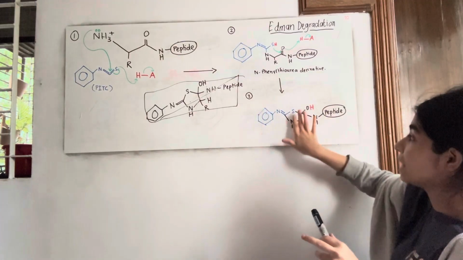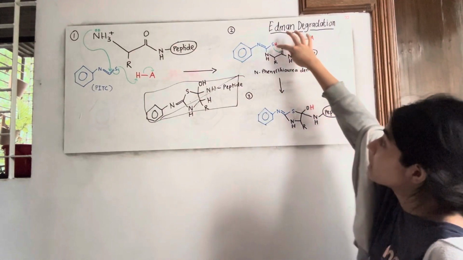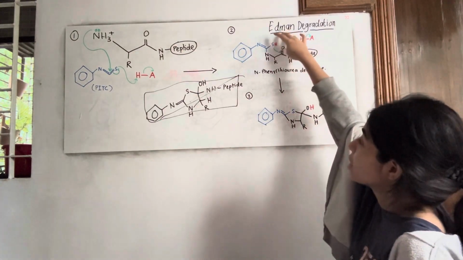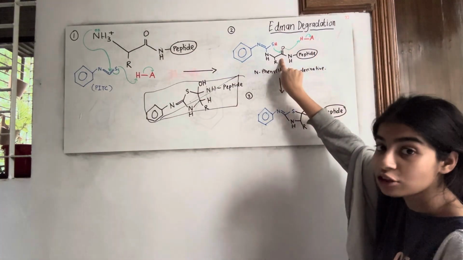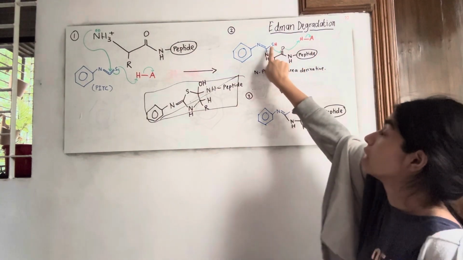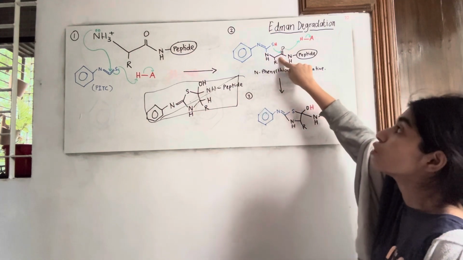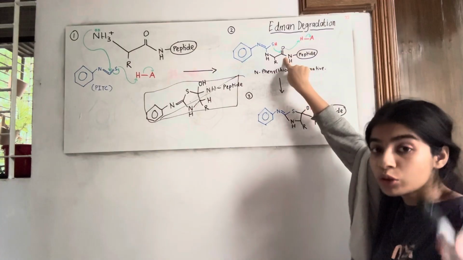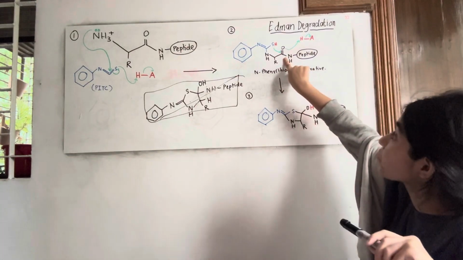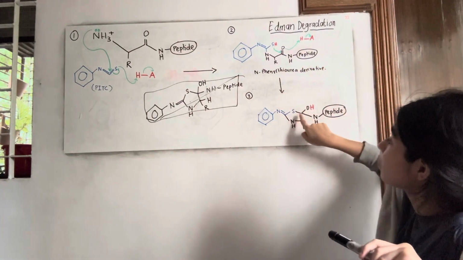We got our PITC, right? Since the S reacted, gave its electrons to the carbon attached to the oxygen, the S is going to attach itself to the carbon which was initially double bonded to the oxygen, which will in turn form a ring.